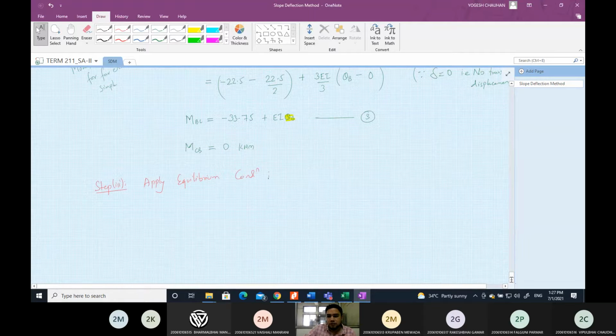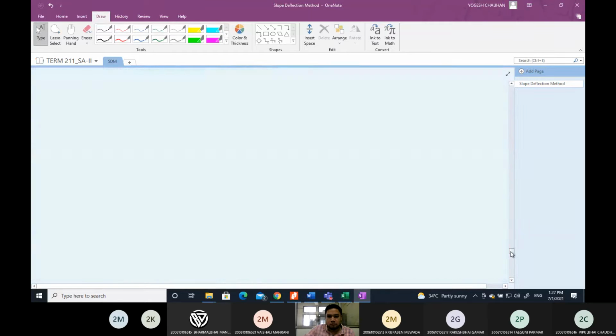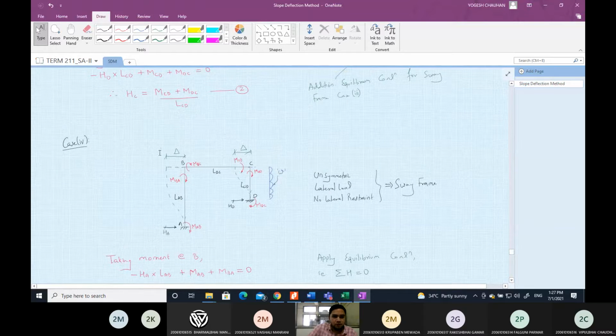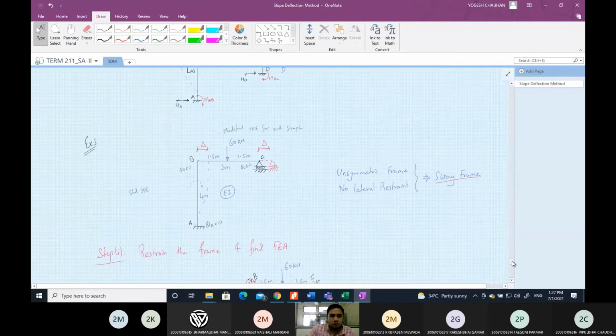So the first condition will be summation of moments at B equals to 0. That means MBA plus MBC should be equal to 0.